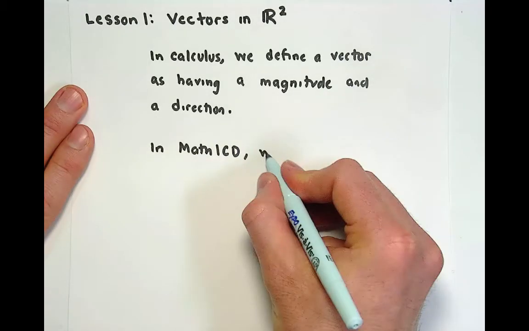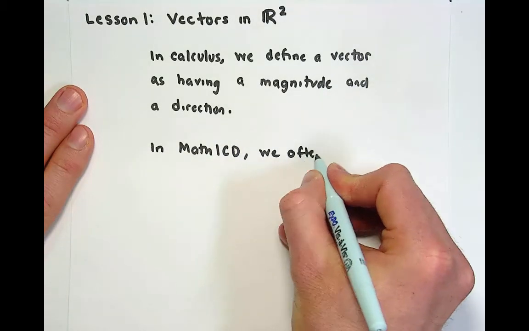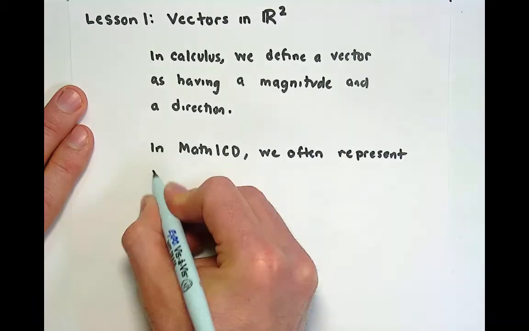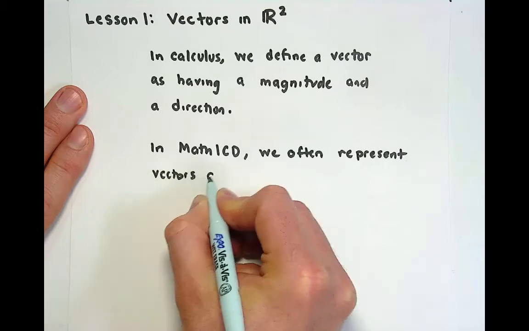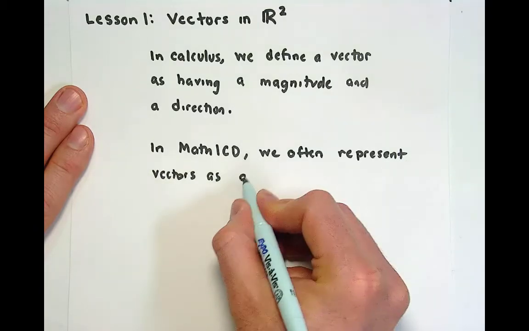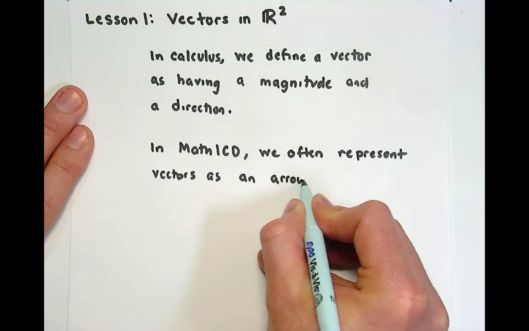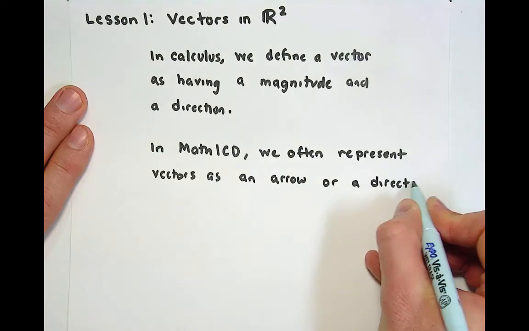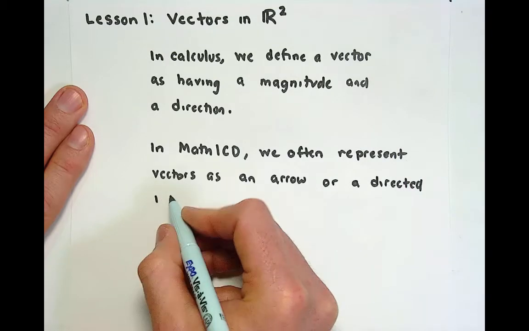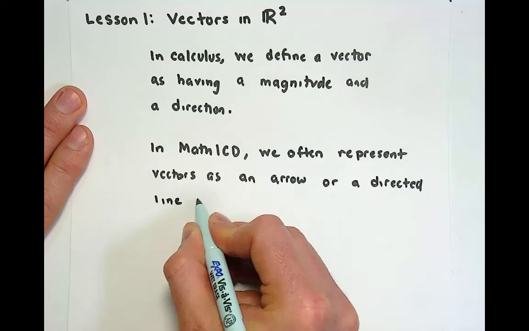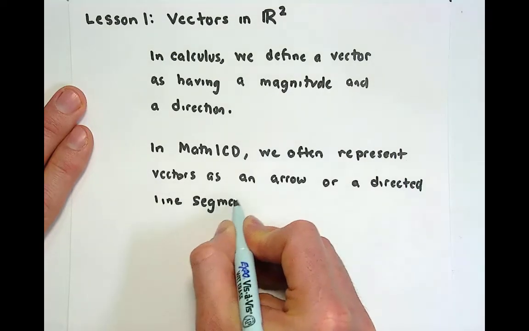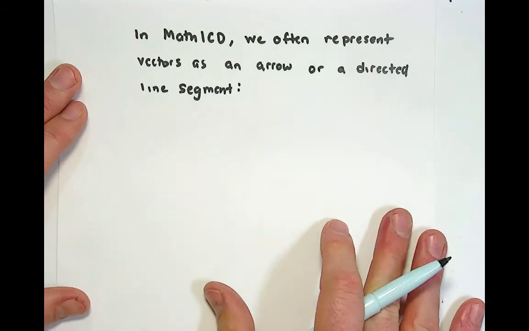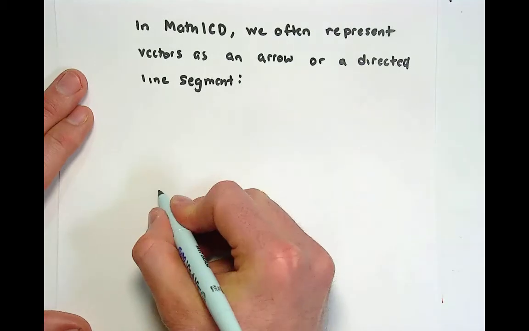we often represent vectors as an arrow, or what some people might call a directed line segment. All right, so when we draw these arrows or directed line segments, we'll have what we call an initial point.